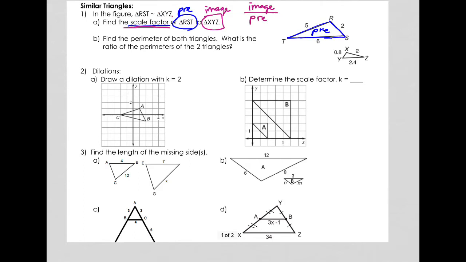So we have to do it in that order. So my image is this little one down here, because that's the second one they named. Anytime it's the second one, that one needs to go first in your scale factor. So basically, I just need to get a side length off of my image, which I'm just going to go at 2 because it's a nice solid number.